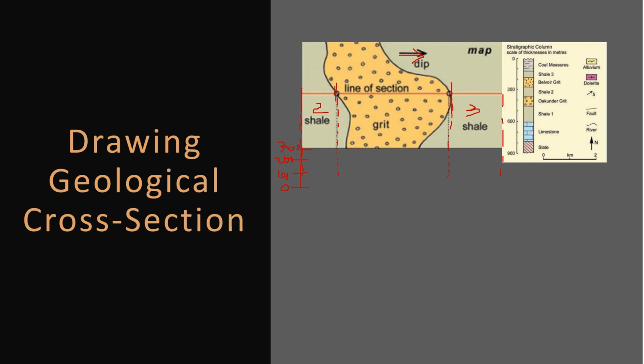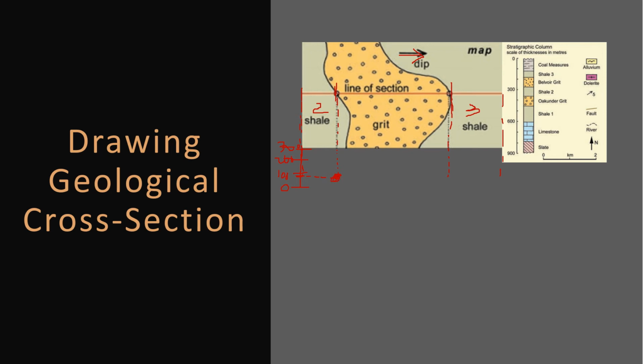After that, we all know that the oldest here is shale 2, and as we estimate it, it's about 75 meters. So if we project it in here, let's say this is 75 meters, and we project that. The point where they intersect is where you plot a point.